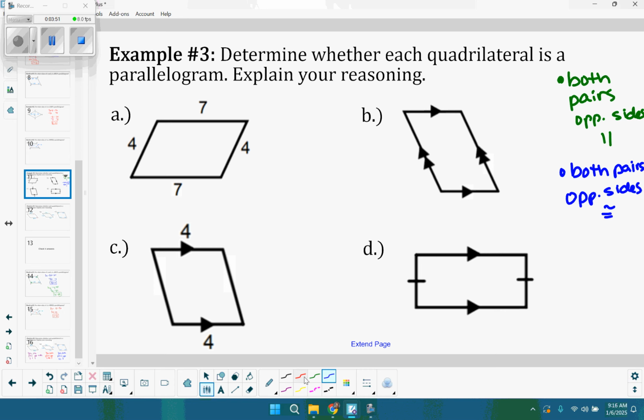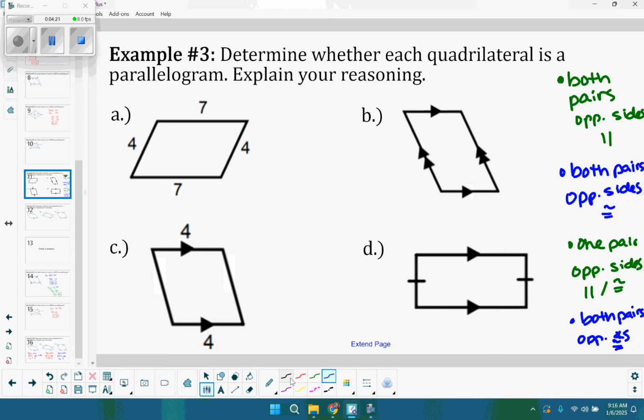One pair of opposite sides parallel and congruent. Opposite angles are congruent. And diagonals bisect each other. But since I don't see any pictures with a diagonal drawn in here, I'm not going to worry about that one for right now.